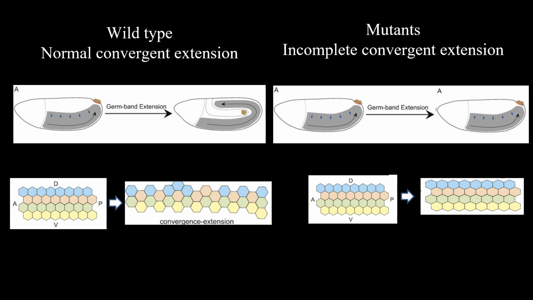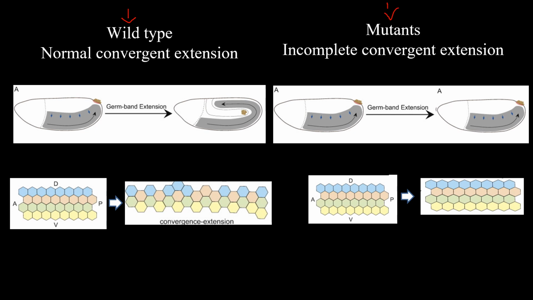Okay, so what they are going to do in this paper is, as usual, describe the wild type, that is the normal process of convergent extension that you can see here. And later they will study mutations.